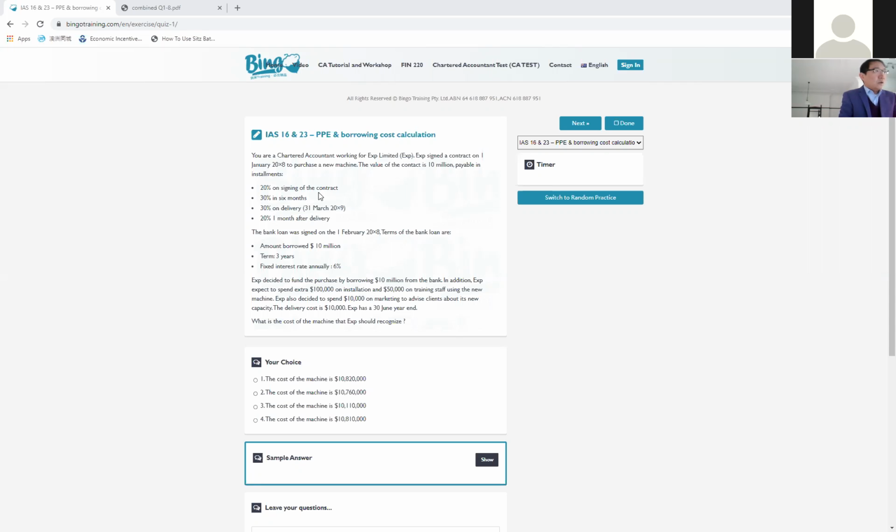And so here, a bank loan was also taken out, the terms of which: amount borrowed of 10 million over 3 years with an interest rate of 6%.